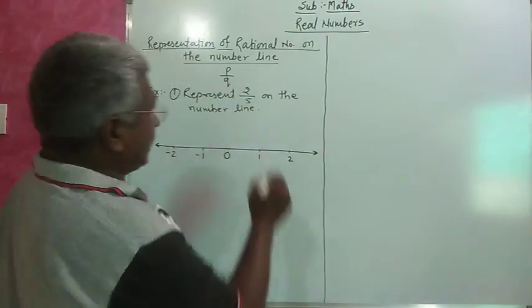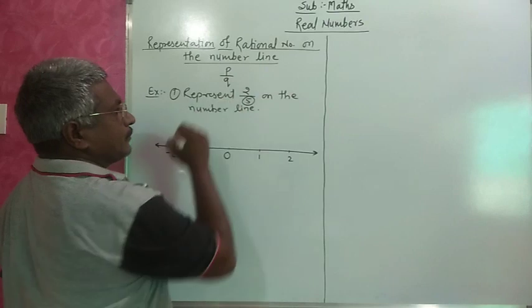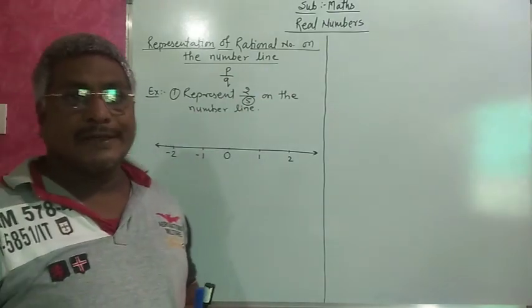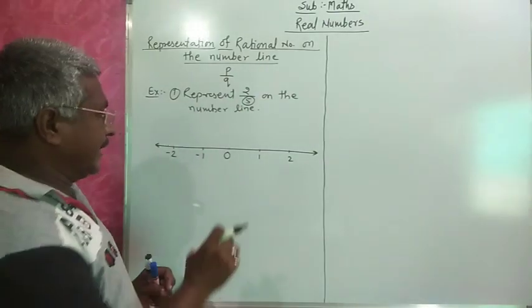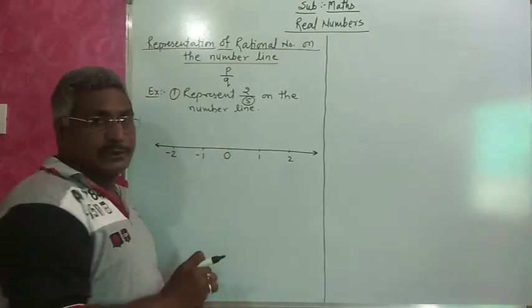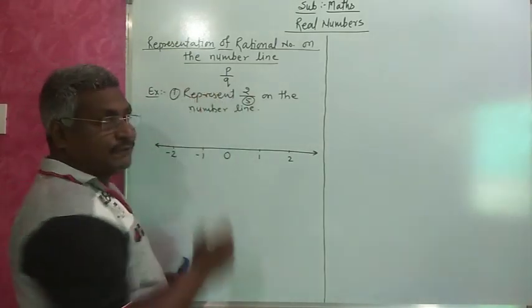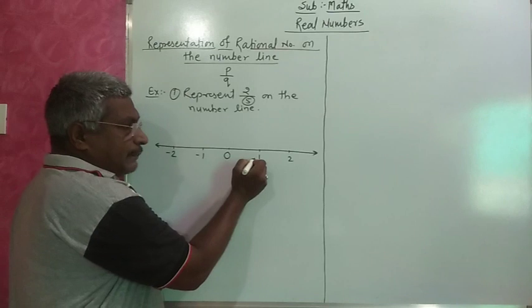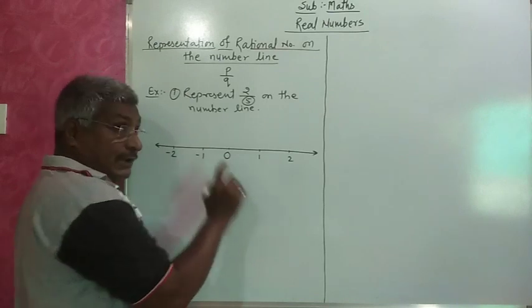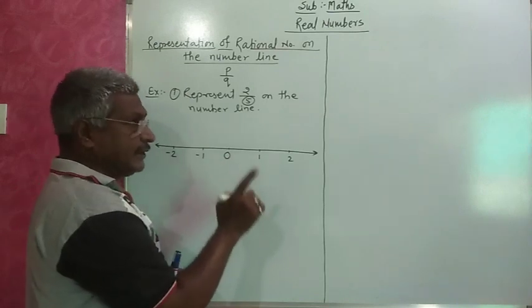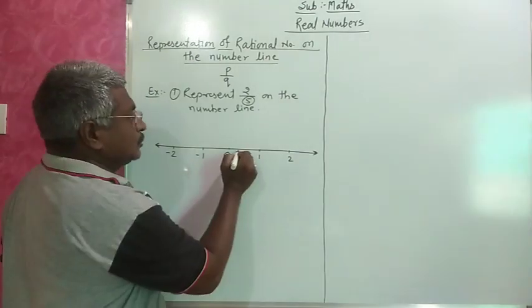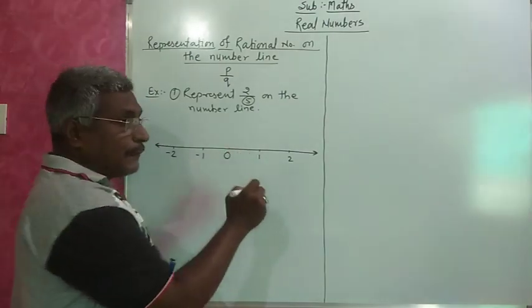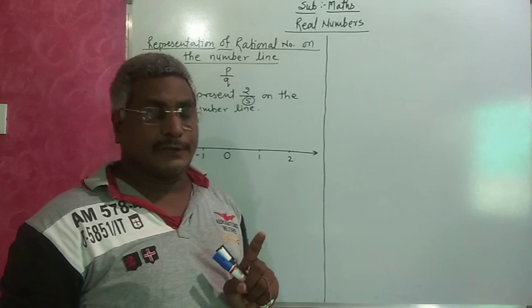Now how to represent 2 by 5 on the number line? Whatever the denominator of the given number is, that many parts we have to make between the two numbers. What is the denominator? 5. So 5 equal parts we have to make. Equal parts, remember students. 5 parts means 4 lines have to be taken.